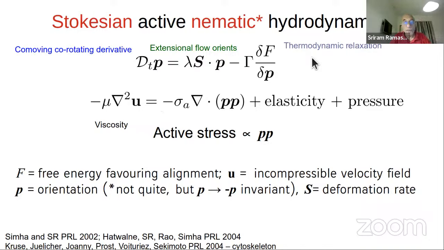So in my dynamics, whatever the velocity field is, it reorients the orientation. And whatever inhomogeneities you have in the orientation or in the pressure, that drives a fluid flow. I'm going to work in this description in which that fluid flow instantaneously responds everywhere in space to those forces. This is called the Stokesian hydrodynamic approximation. It's a very good approximation for any system on small enough scales and for slow enough flows.